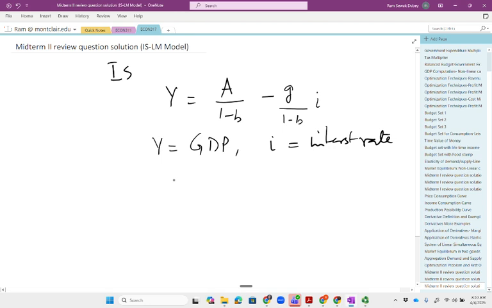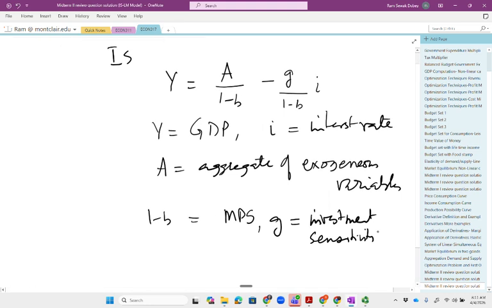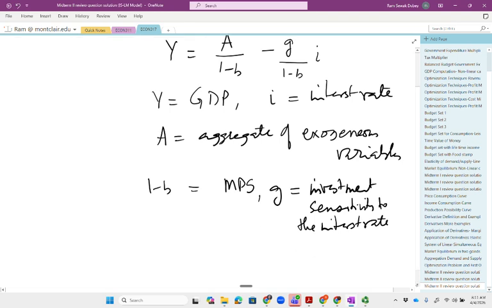And here A is the aggregate of all the exogenous variables. 1 minus b is the marginal propensity to save, and g is the investment sensitivity to the interest rate. Okay, that's the IS equation.